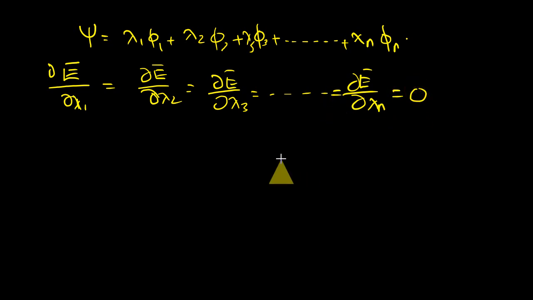We are doing the minimization of E bar with respect to all the n variable parameters. And this will lead to n secular equations.